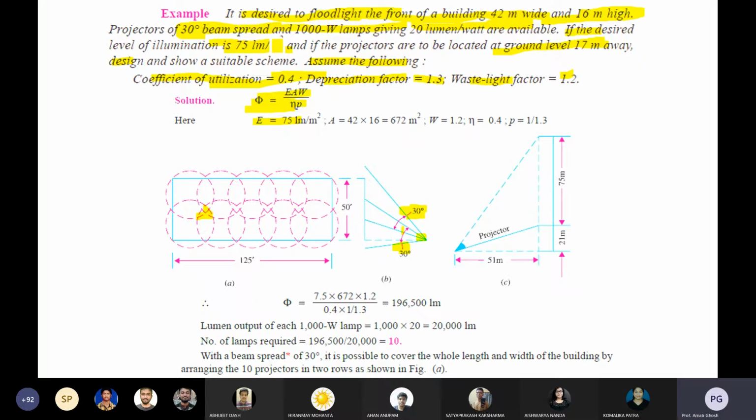W, the waste factor, is given 1.2, N that is 0.4, and P is given by height per space by height. So that is given 1 by 1.3, that depreciation factor.